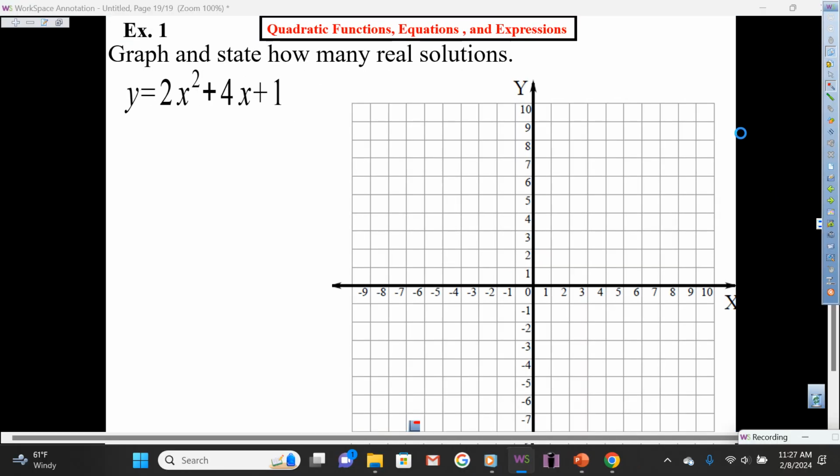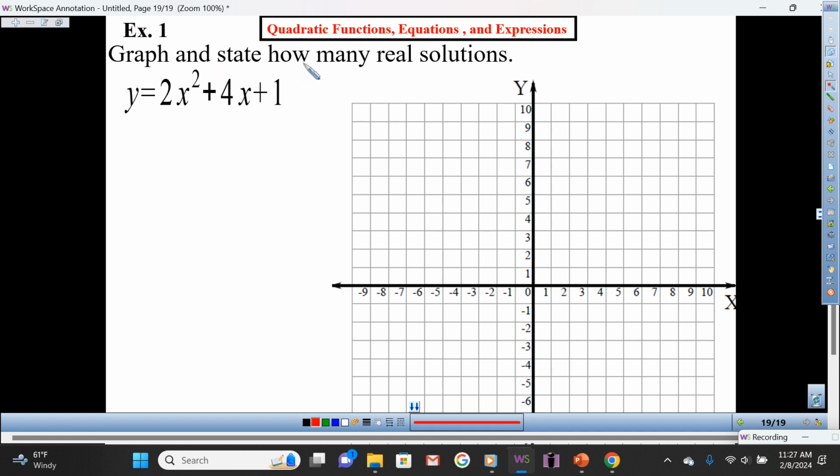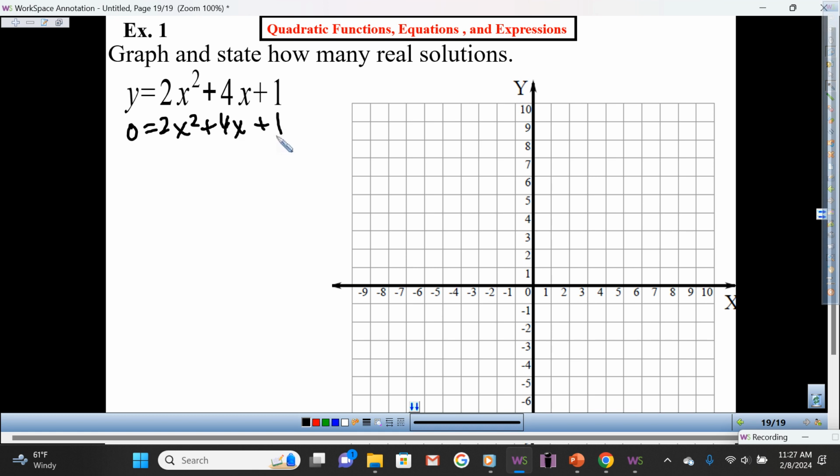Graph and state how many real solutions this has. This is the first thing I'm going to do. I'm going to set this equal to 0: 2x squared plus 4x plus 1. Next, let's get rid of the constant. The constant is 1, so I subtract 1 from both sides, and I end up with negative 1 equals 2x squared plus 4x.